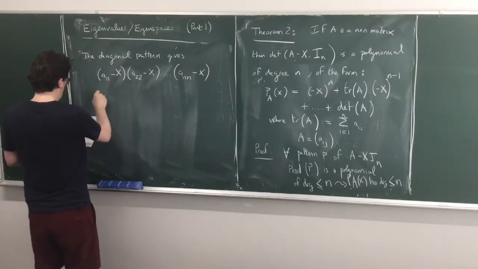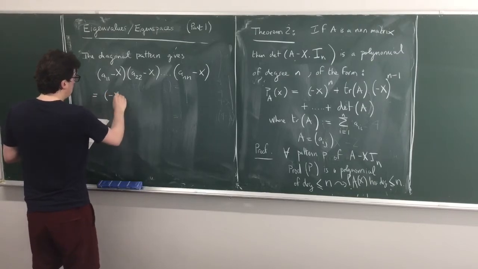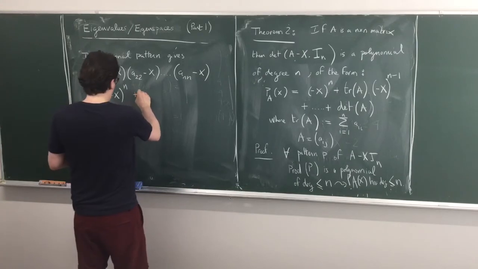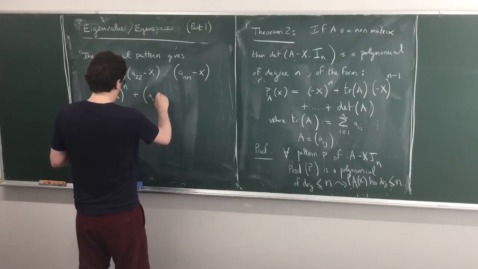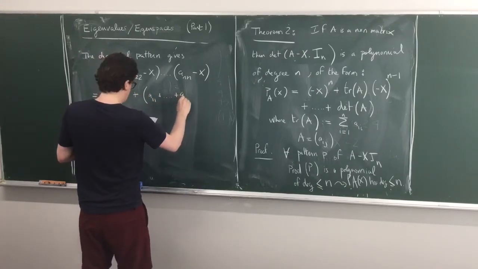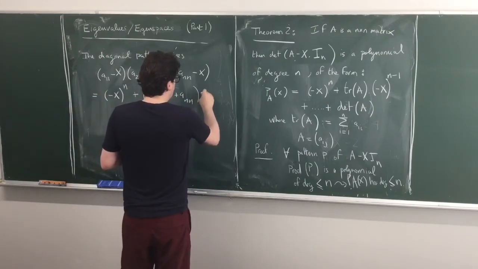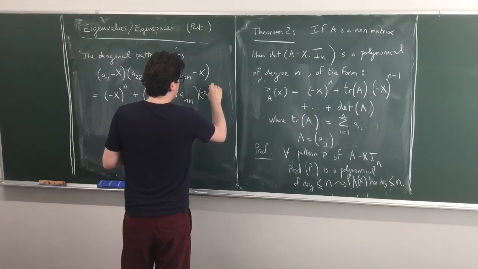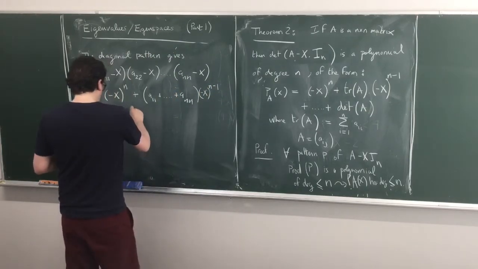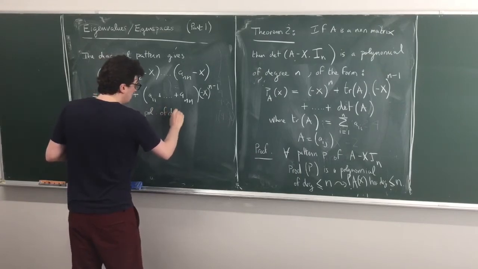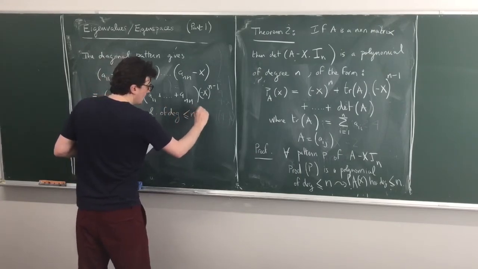So this is actually equal to minus X to the power n plus (A11 plus ... plus ANN) times minus X to the power n minus 1, and plus a polynomial of degree less or equal to n minus 2.